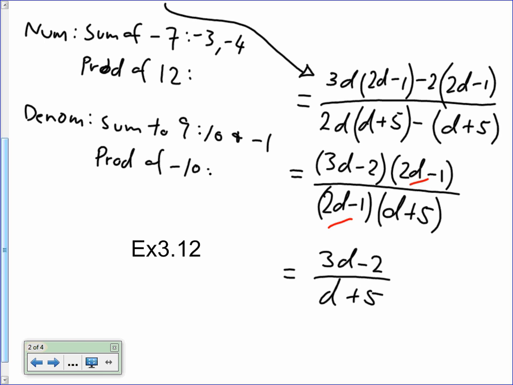So I've taken that out, and I'm left with 3d for this one, minus 2 for that one. You're taking out a common factor. So 3d times 2d minus 1 is this one, as if you're expanding it, minus 2 times 2d minus 1. The same with this one, that's a minus 1.